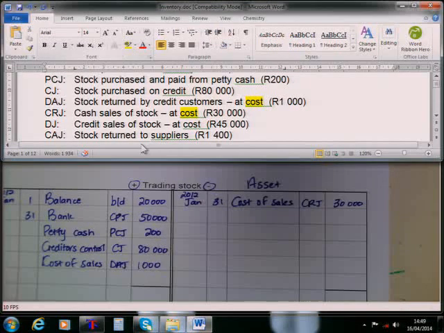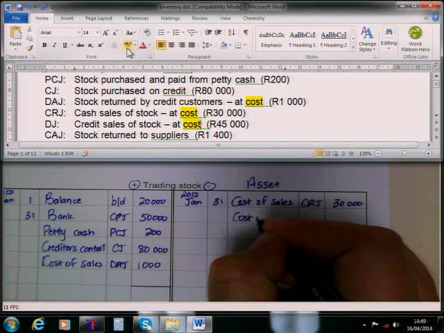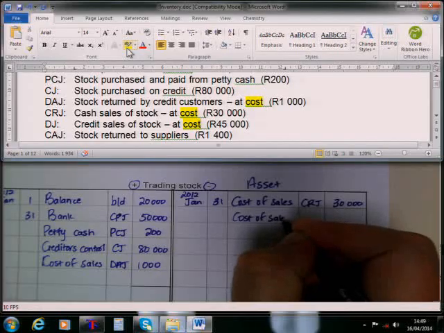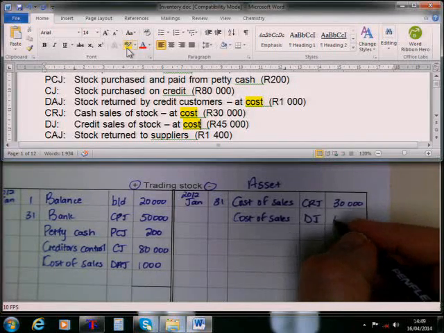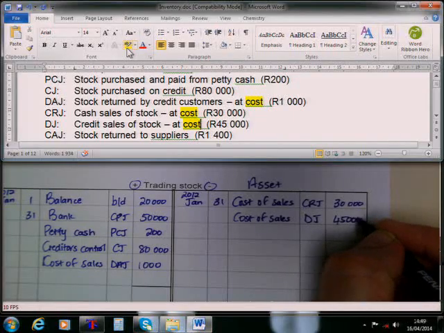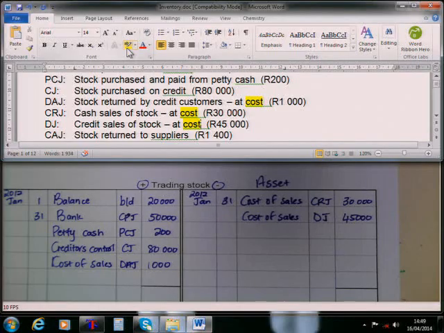Then we also sold on credit, and we also take the cost into consideration. And the moment that you sold on credit, you take it out of your trading stock, cost of sales, DJ, and the cost price is 45,000 rand. Stock returned to suppliers, that is the stock that we bought on credit and we're not happy with.